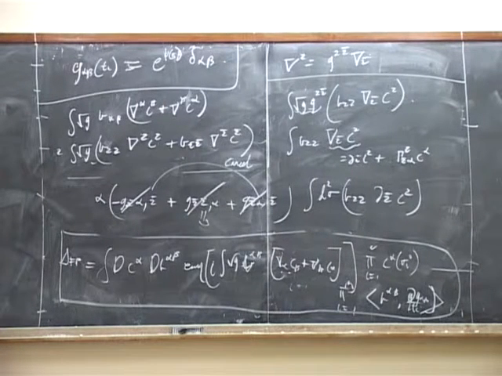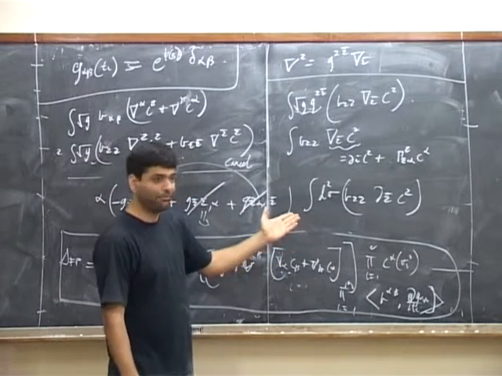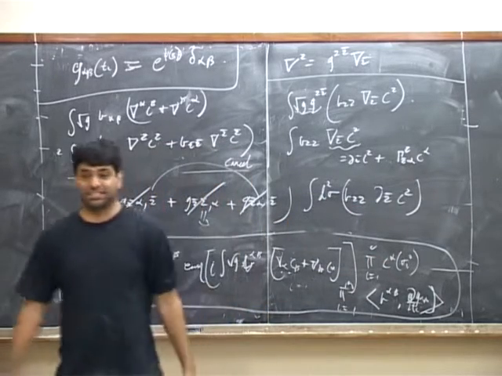So in a locally conformally flat coordinate system, the Faddeev-Popov determinant is incredibly simple. It's just this object.